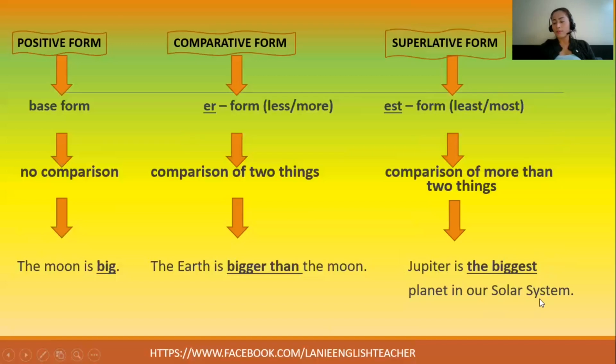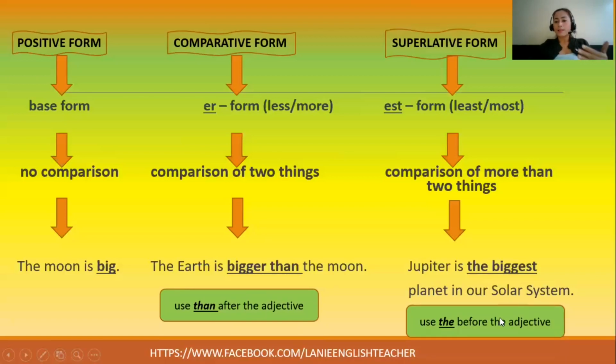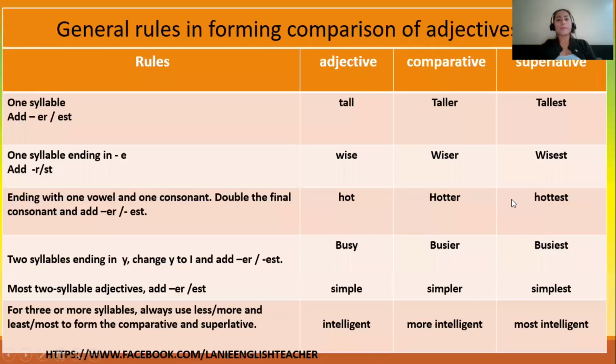Of all planets, Jupiter is the biggest. So we use the biggest here because it's in superlative form. Another thing to remember is that in superlative form, the adjective is always preceded by the word the, or we use the before the adjective. Now, these are the rules in forming comparison of adjectives.